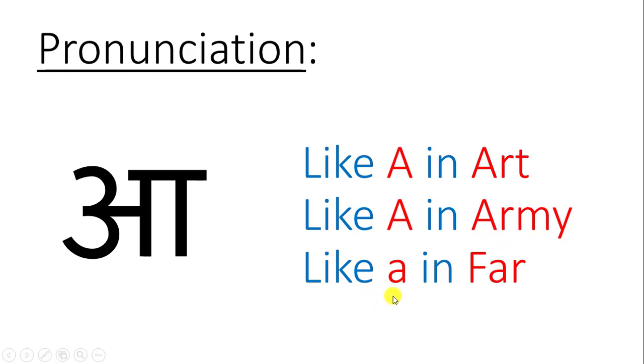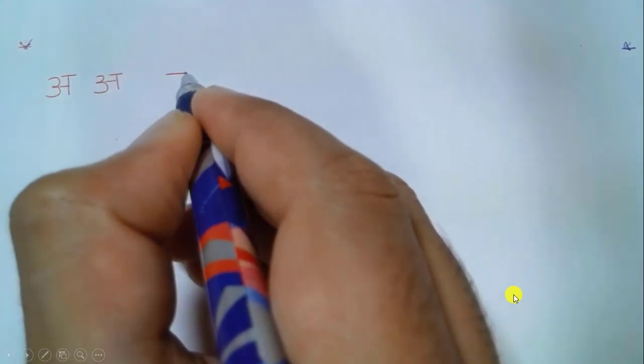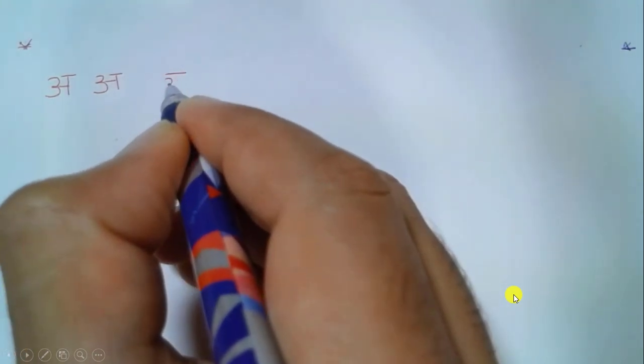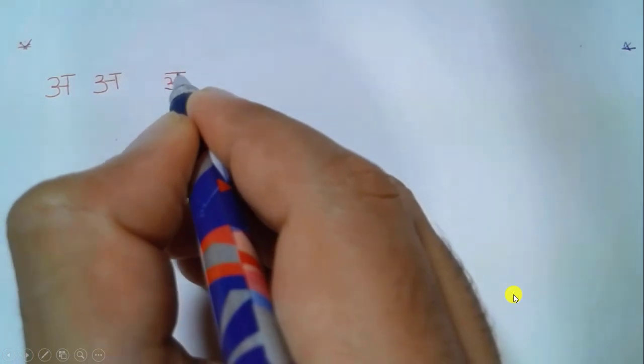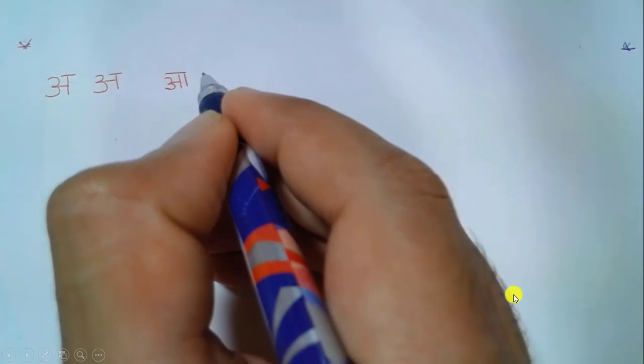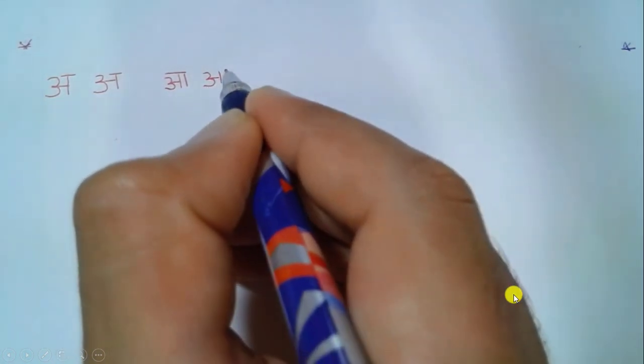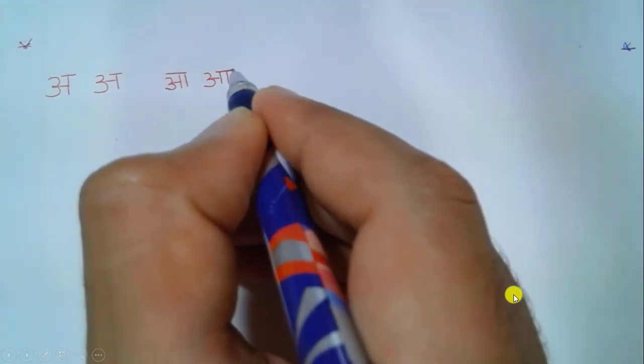And like the a in far. Far. All right. Now let us see how to write it. You can draw the horizontal line first and you can write like this, or you can write like this too. All right.